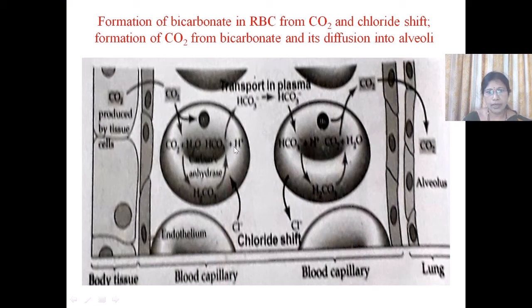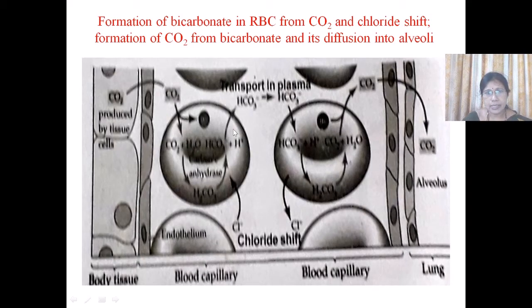As soon as the bicarbonate ion concentration increases in the RBC, they are liberated out into the plasma. So the carbon dioxide is transferred in the form of bicarbonate ions.